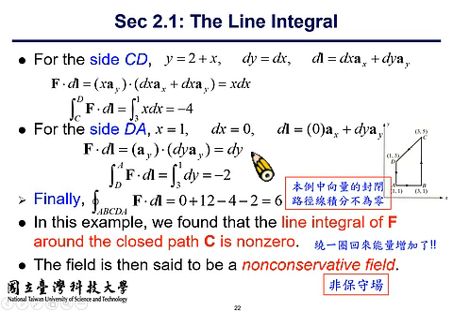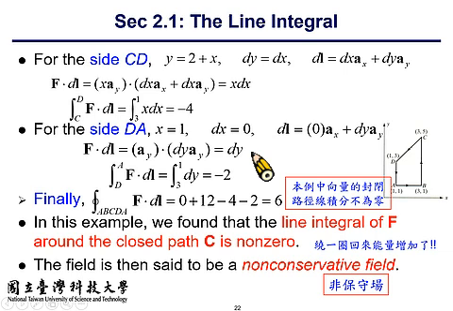So the end product is +6, which means if you move along the ABCDA path in this field, you will accumulate a positive number of 6.